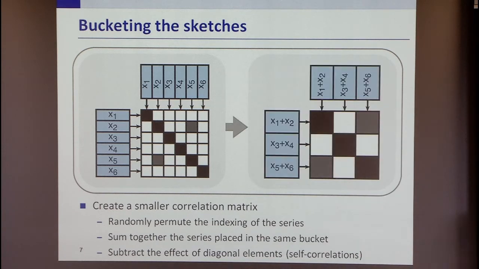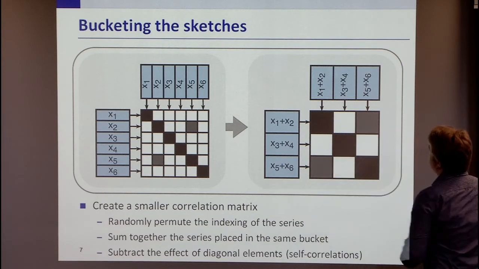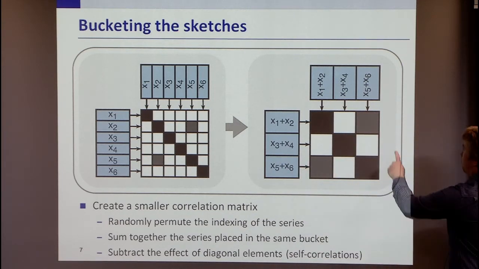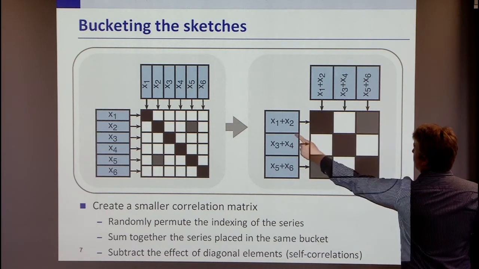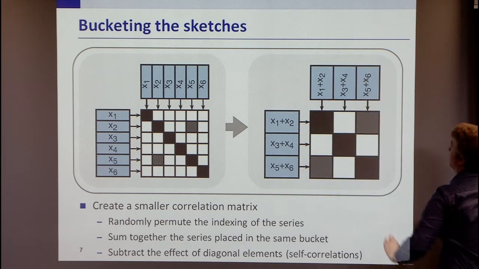So what we can do is this sort of random bucketing, grouping, summation, and almost just putting in pictures what I said in words. We expect that because 2 and 5 are correlated, 1 and 2 are correlated with 5 and 6.